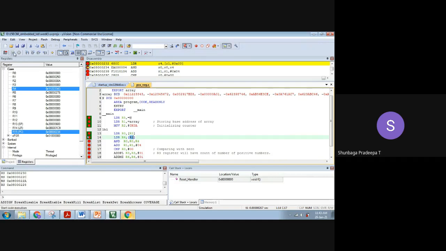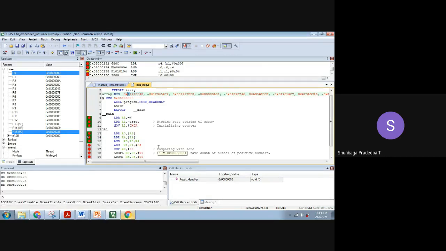Next, we are performing an AND operation between these two and updating it in R0. So what is the MSB bit here? Is it a positive number or a negative number?